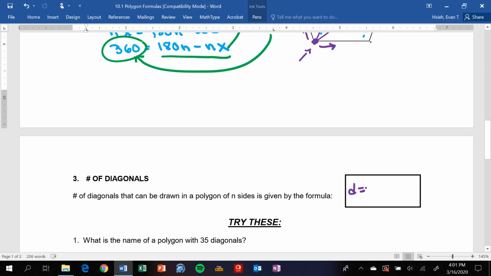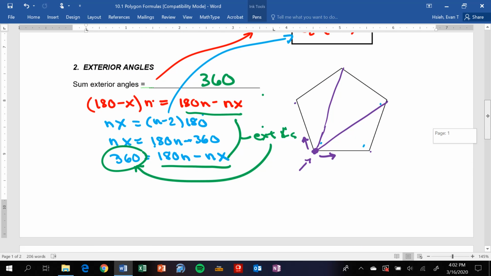The total number of diagonals is going to be n minus 3, because I can't draw a diagonal to itself from a vertex, nor to the two vertices that are next to it. And there are n vertices that I can draw diagonals from.